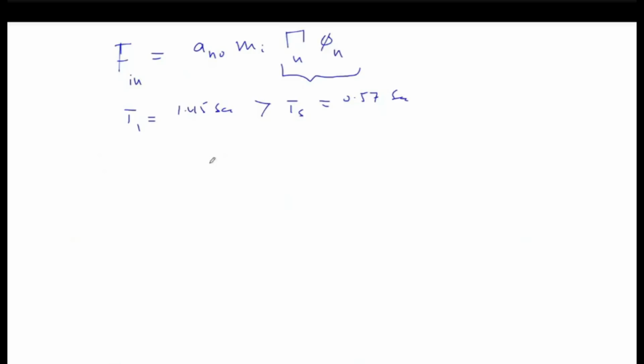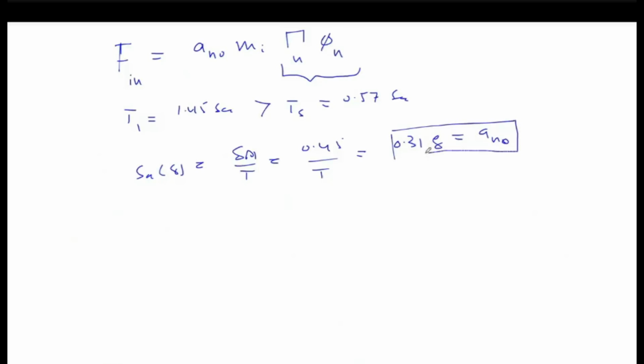In that case, we have to use the equation of SA equals SD1 divided by T, which is 0.45 divided by T. If we put the values, we get 1.31 g. So this value is equal to the A n naught, the maximum acceleration obtained from the design spectrum for mode 1.